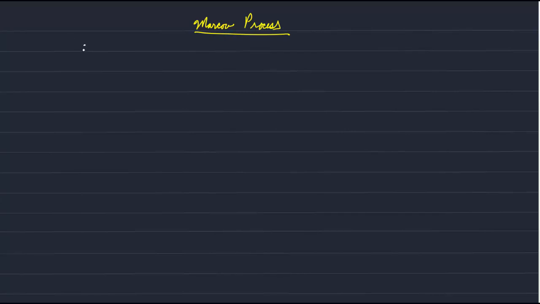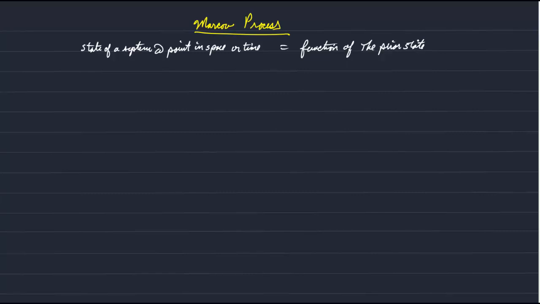Basically, it says that the state of a system at a point in space or time equals some function of the prior state of the system. So this is a general description of a Markov process.